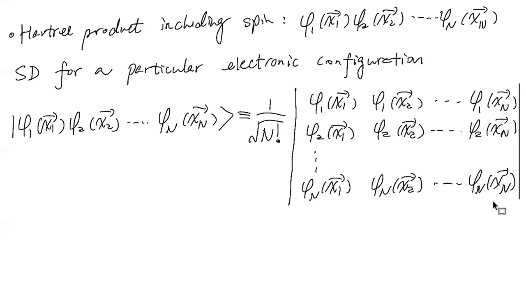Again, if you look at the diagonal element, so you have phi 1 x1, phi 2 x2 to phi n xn, and this is consistent with the notation of our electronic configuration.